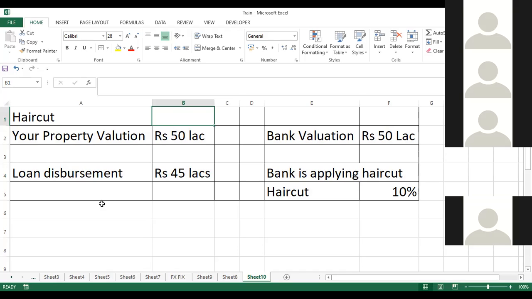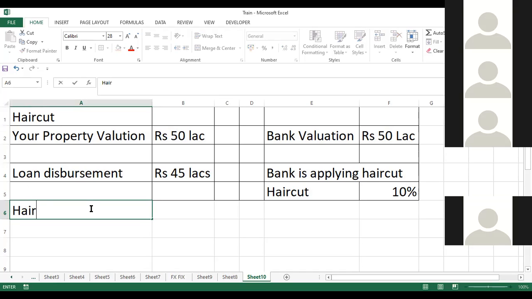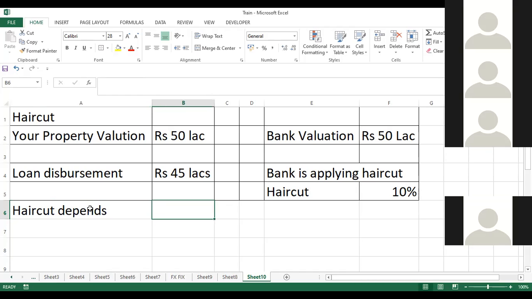And haircut depends on two things largely. The two major broad reasons, I would say. One is the maturity of your loan, and second is the credit rating of the borrower, right?